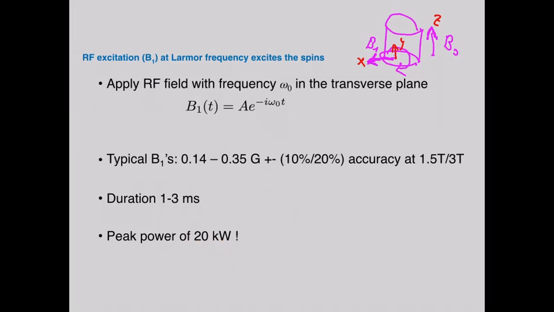Just to illustrate, a microwave oven is about a kilowatt, so we're talking about 20 times that in terms of RF energy. It's almost like a broadcast FM radio station that transmits for hundreds of miles.